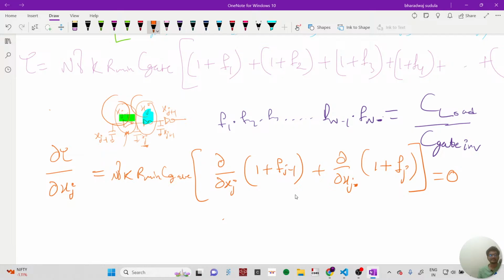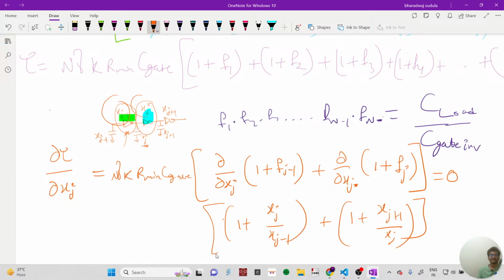What is fj minus 1? Fj minus 1 is nothing but xj by xj minus 1. So xj by xj minus 1, 1 plus, and that 1 plus fj is xj plus 1 by xj.